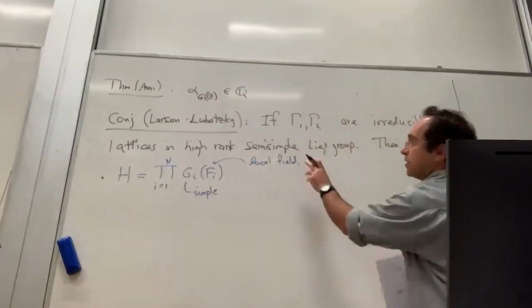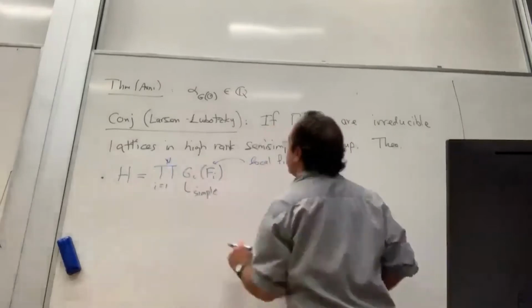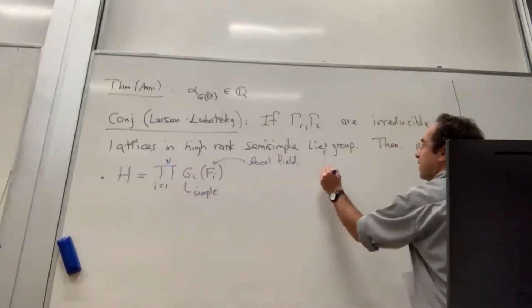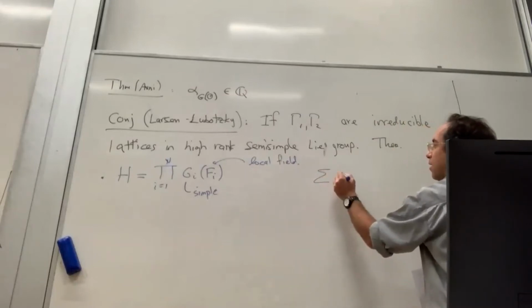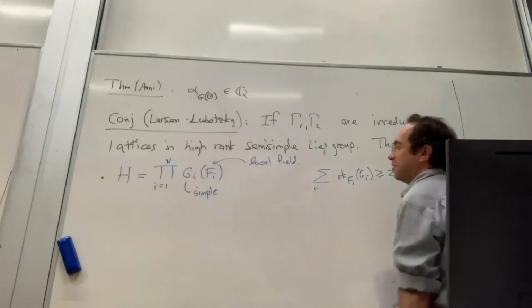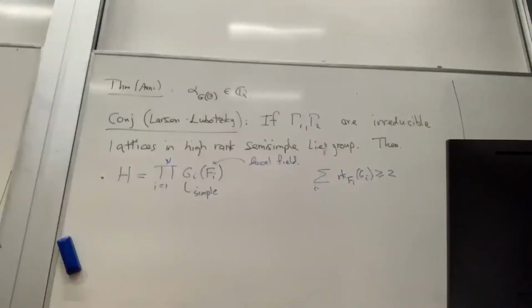So in this context, a Lie group would mean something like this. And why is it high rank? Well, it is high rank because the sum of the ranks of G_i is at least 2. So that's what high means here.